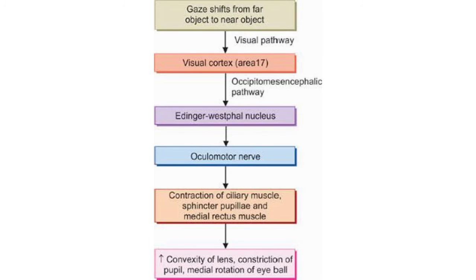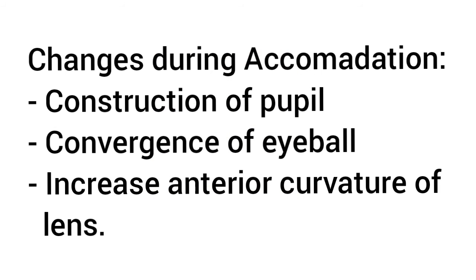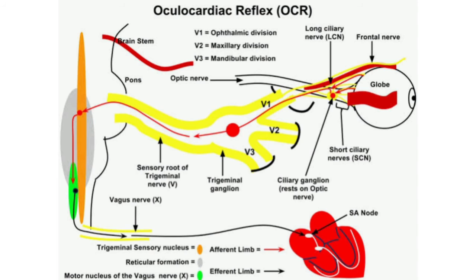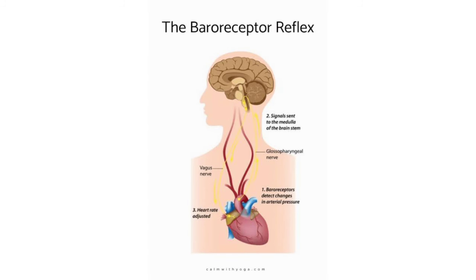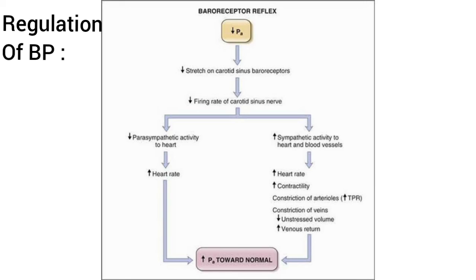The changes during accommodation reflex are constriction of the pupil, convergence of eyeball and increase in anterior curvature of the lens. Oculocardiac reflex is the decrease in heart rate when there is pressure on the eyeball. The baroreceptor reflex is the regulation of blood pressure.